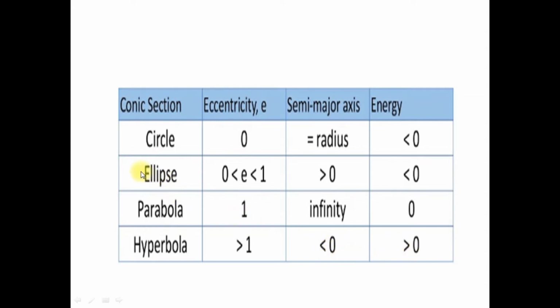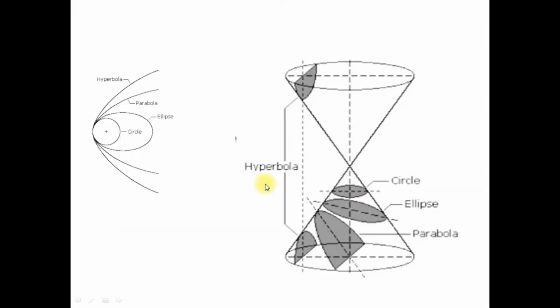Here mostly we'll be dealing with circular orbits as well as elliptical orbits. To remember these things, for a circle the radius is the same as the semi-major axis. For an ellipse the semi-major axis is greater than 0, and eccentricity lies between 0 and 1. Next, we have already discussed this.